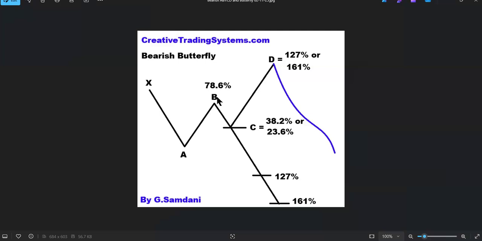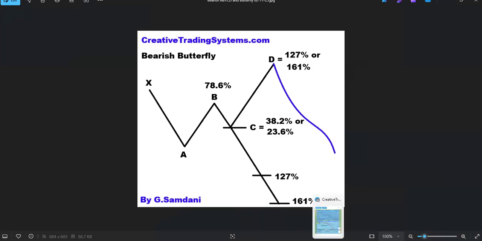Most likely it drops to 38, and since the pressure is more to the upside, it bounces from 38 and makes the butterfly pattern, either at the 127 level or 161, and then nicely drops. That's called a bearish butterfly pattern, right? That's harmonic. And in Elliott wave terms, it's wave 1, 2, and then 3 all the way down, and the 3 can go to 127 or 161.